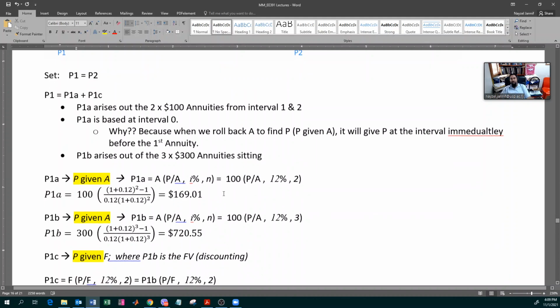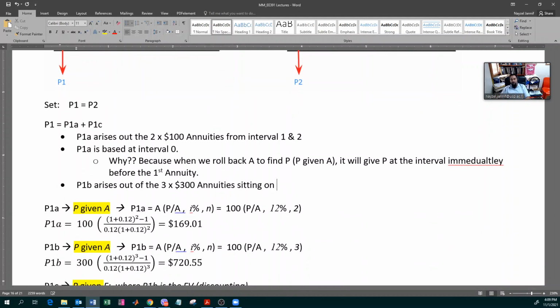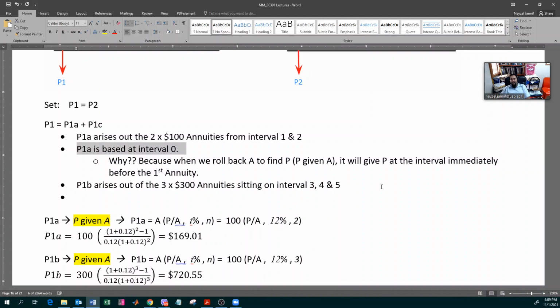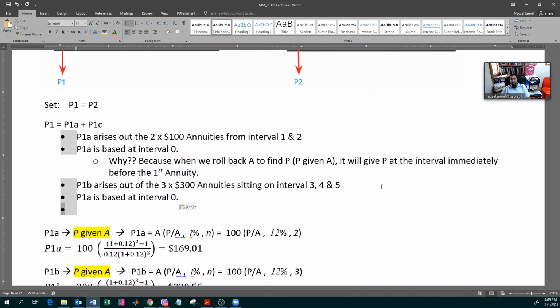I'm just going to say sitting on interval 3, 4, and 5. All right? And where is P1B based? P1B is based at interval 2.